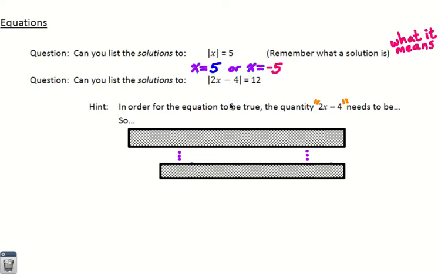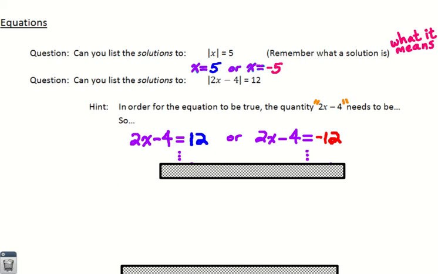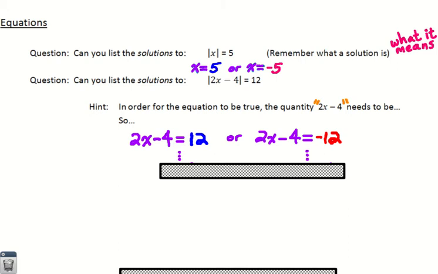If that entire 2x minus 4 equals 12, or the entire 2x minus 4 is equal to -12, then the equation would make sense. So you would literally write 2x minus 4 is equal to 12, or 2x minus 4 is equal to -12.